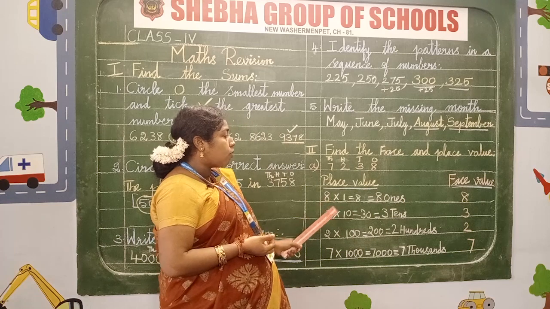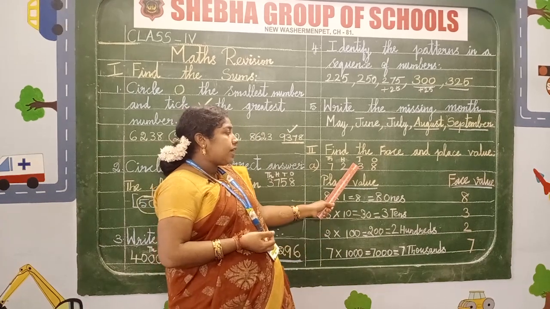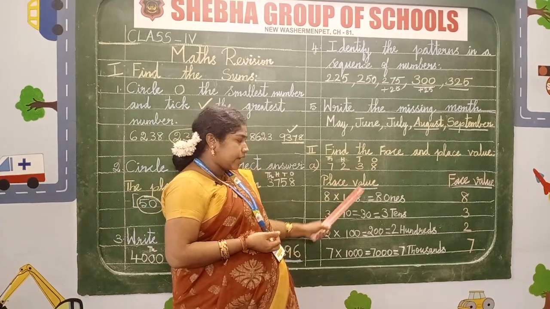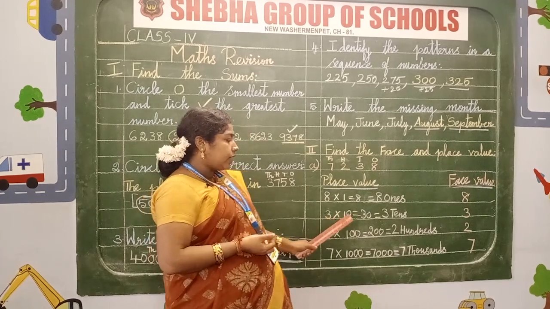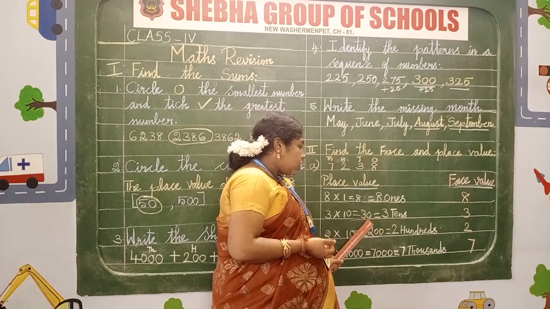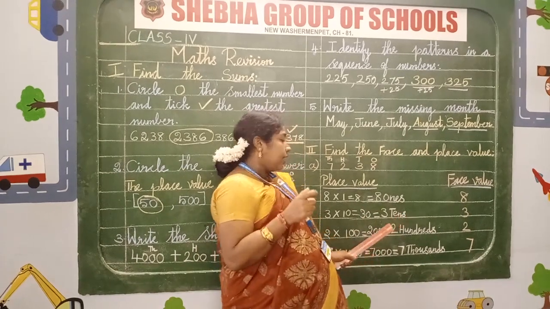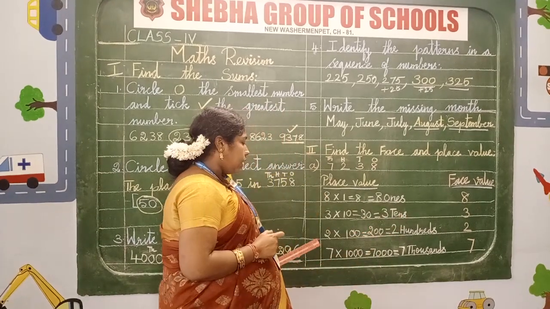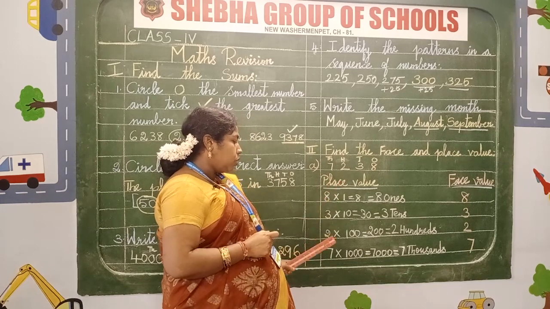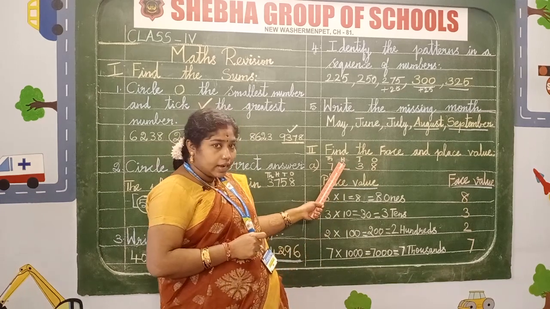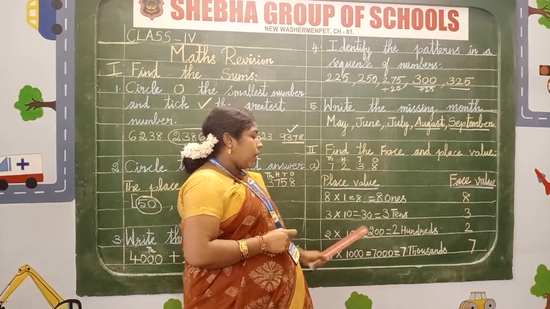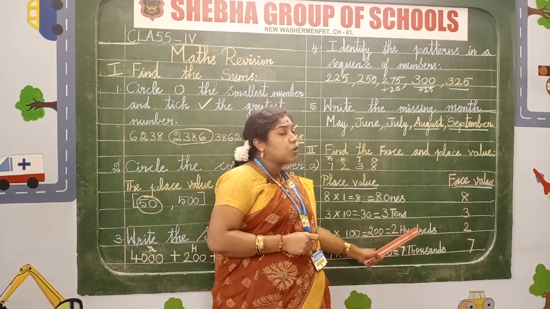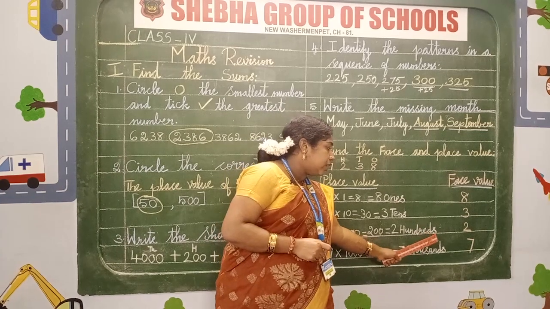Next, followed by 8, 3. What is the place value for 3? It is tens. So 3 into 10, what is the answer? 3 tens are 30. So we write 3 tens in words. Followed by 3, 2. What is the place value? 100. So 2 into 100 equals 200. We write 200s.